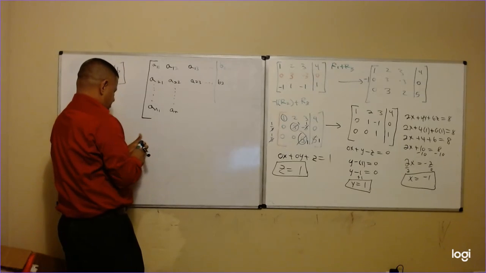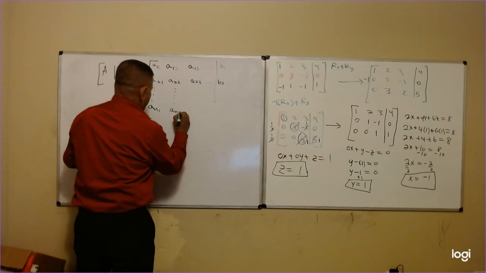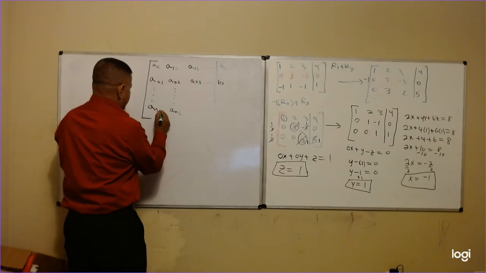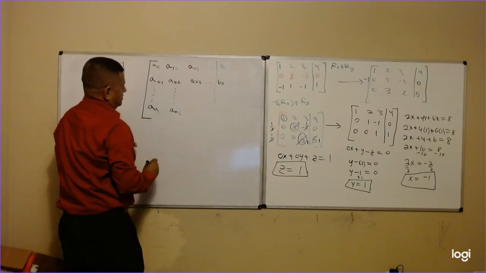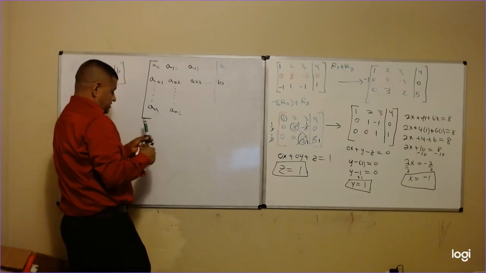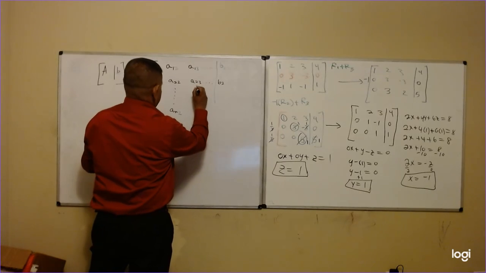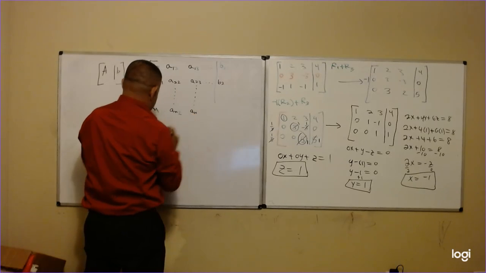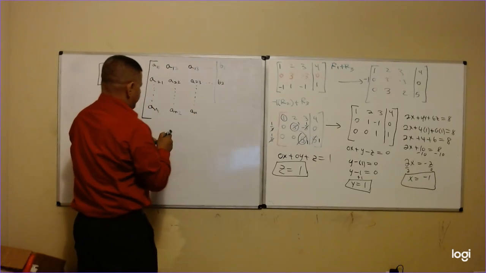Let me do this in green so you guys have a little more understanding, I guess. And then they have A and then they have 3.